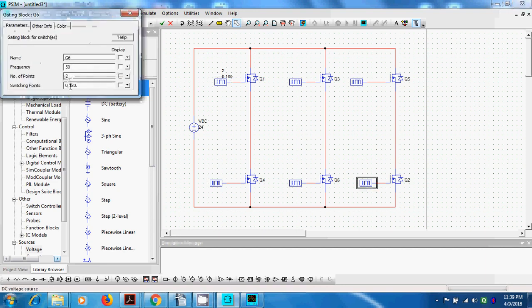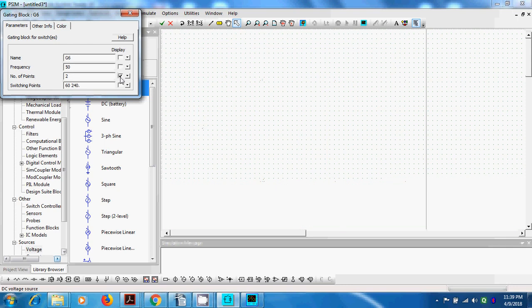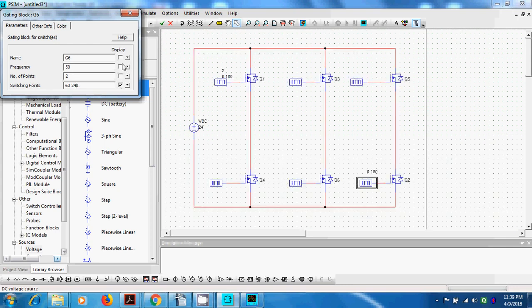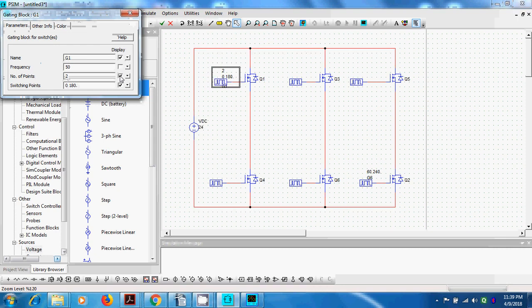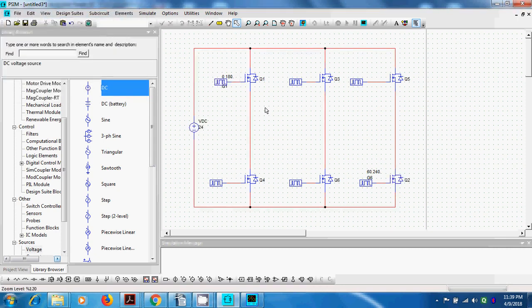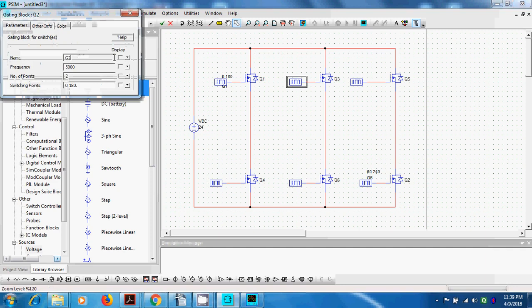So this will be 60 and 240, because each MOSFET will conduct for 180 degrees. Then where is G3? Say this is G3, and it's 120 to 300.